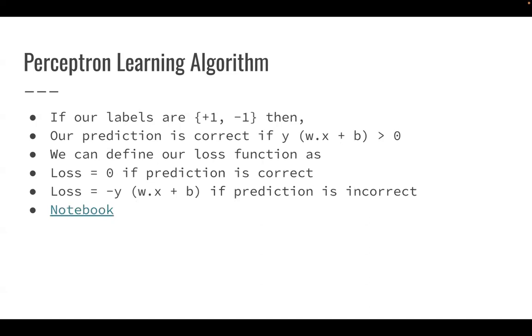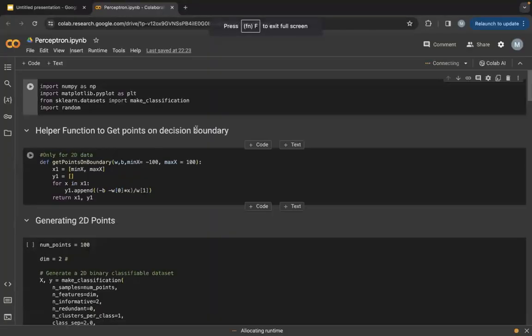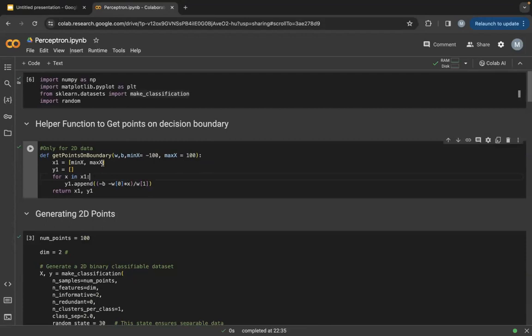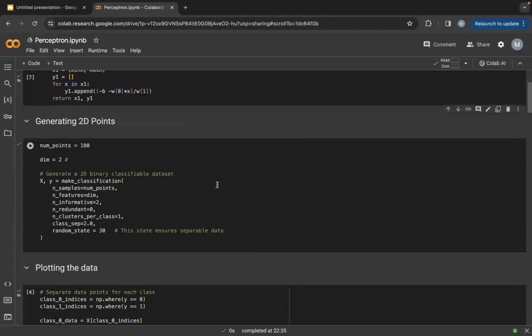Now we'll go through a Python notebook to see how we train a perceptron. We start with some normal library imports. We'll use get points on boundary as a helper function to plot the decision boundary at the end, so right now we don't need to do anything with it.